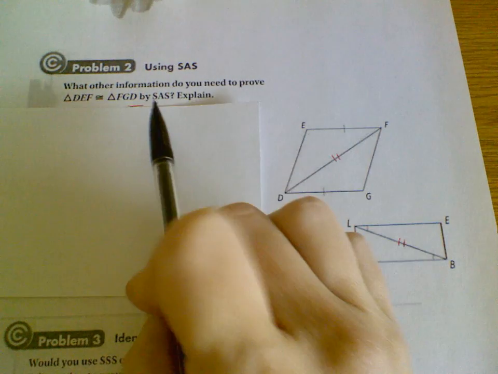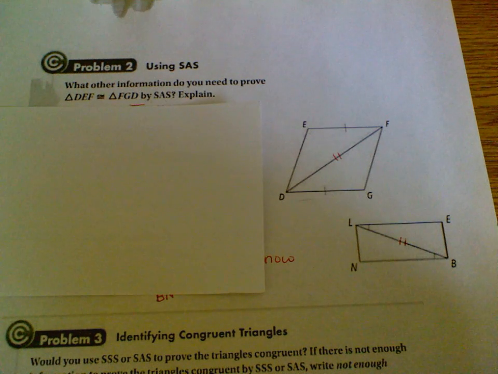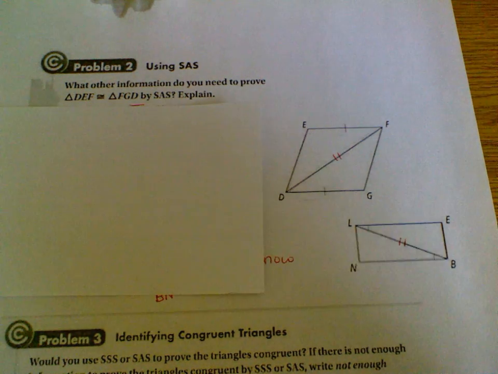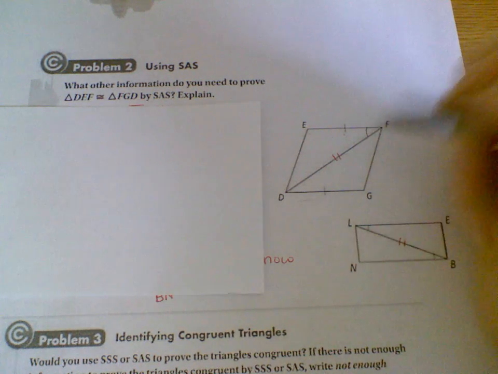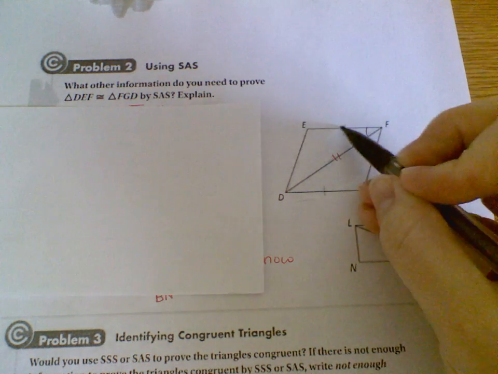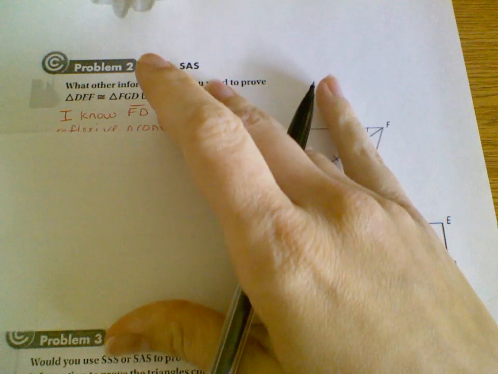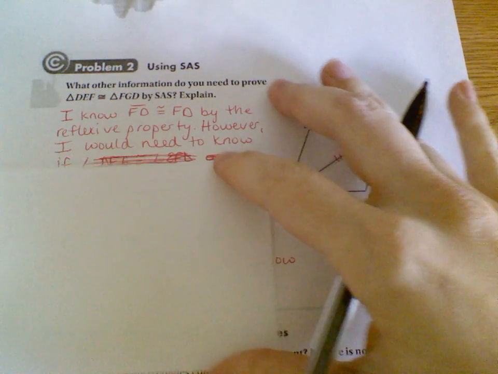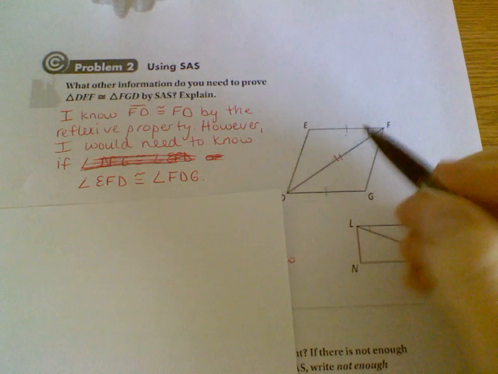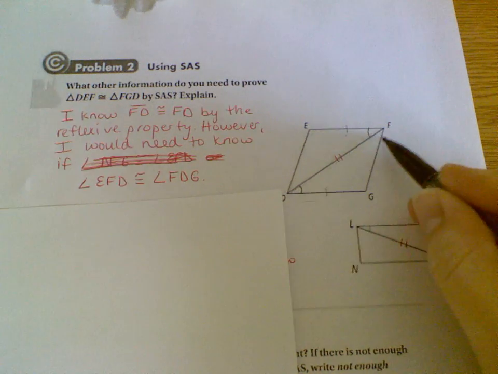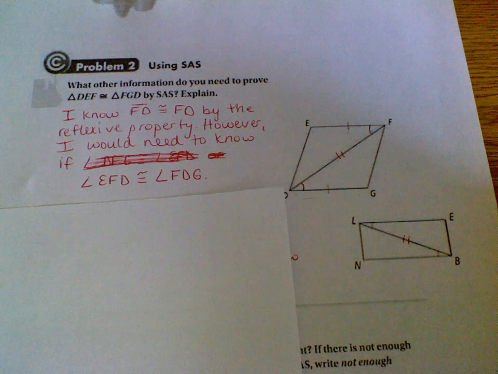Now, I need an angle in between those two sides that are congruent. So think to yourself where that angle would be. Here are my two sides, so the angle has to be what's made up if you were to make those the rays of your angle. So I would say angle EFD has to be congruent to angle FDG in order for me to show that they're congruent by side angle side.